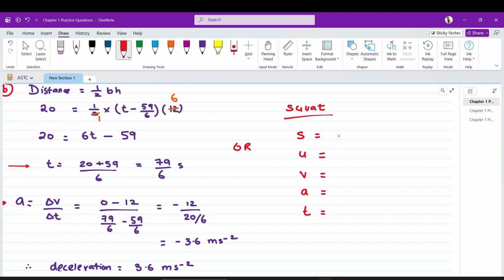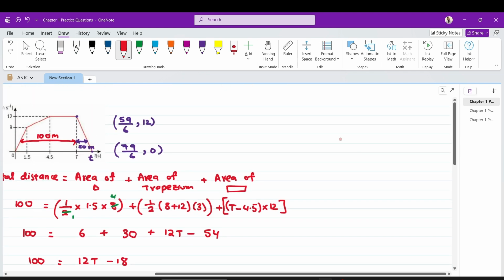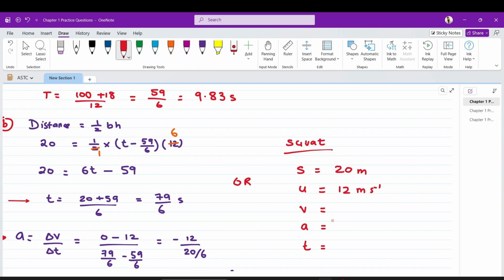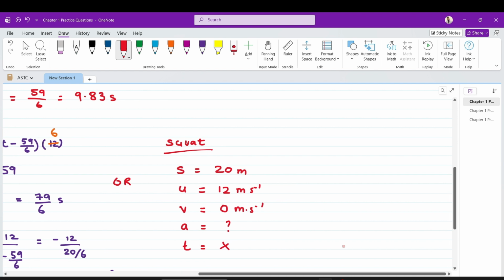For the last part of our graph, we know that this is 20 meters, so displacement is 20. Initial velocity was 12 meters per second, and final velocity, because the sprinter comes to rest, is 0 meters per second. Acceleration is what we need to find, and time we are not interested in.